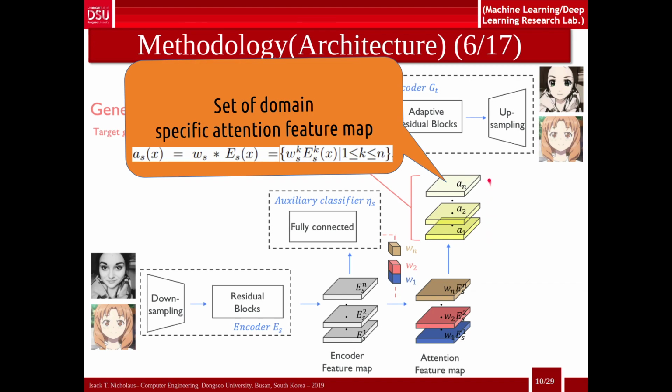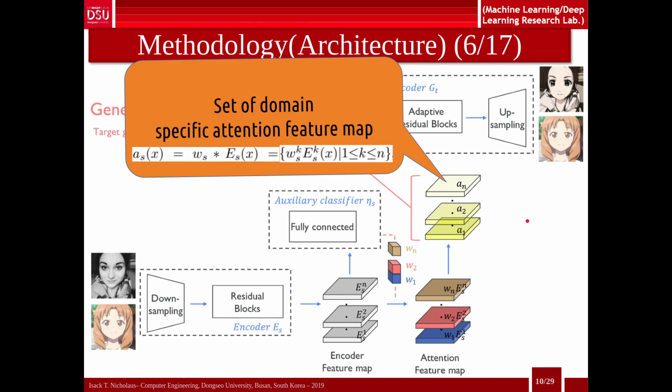But the important thing to note here is that the attention map will generally capture distinctive features from each given input. So these distinctive features will be used by our network in order to get those features which are really important to generate useful and realistic images.